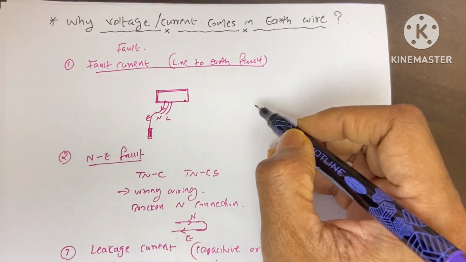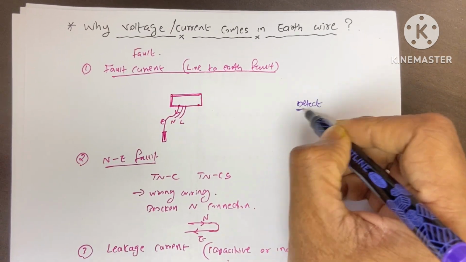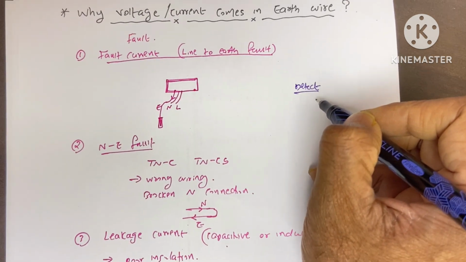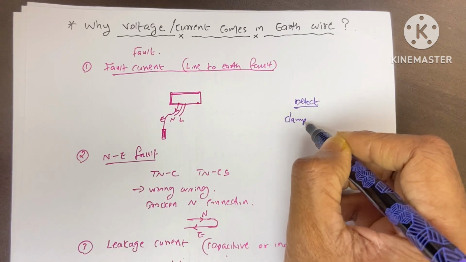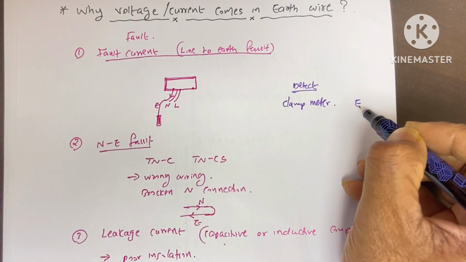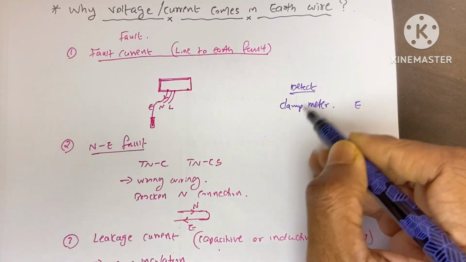So now I want to tell you how to detect this problem. If your premises have this problem, then we need to detect it. So we can use a clamp meter on our earth wire. At that time we could see some reading on this clamp meter.